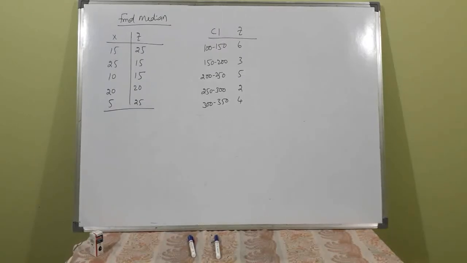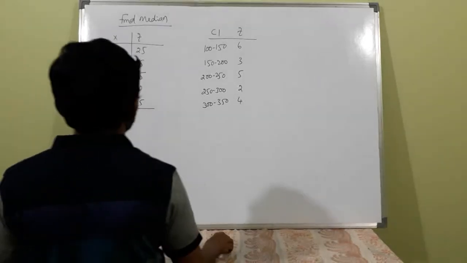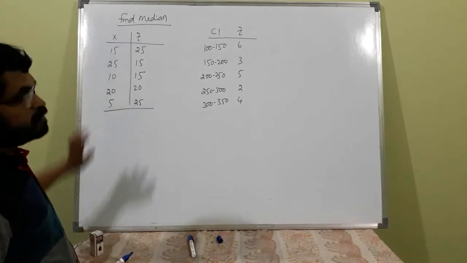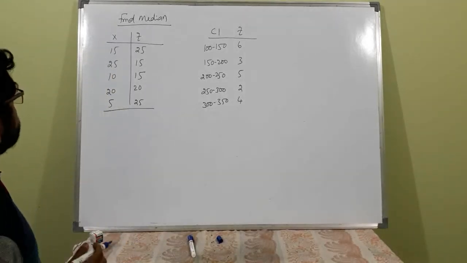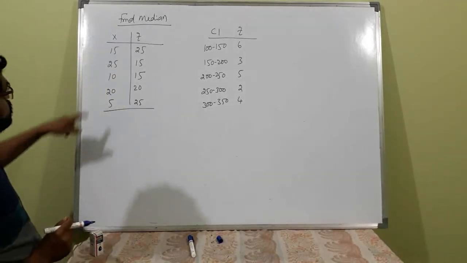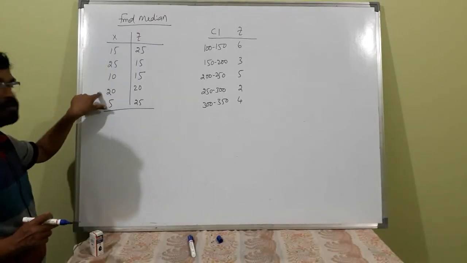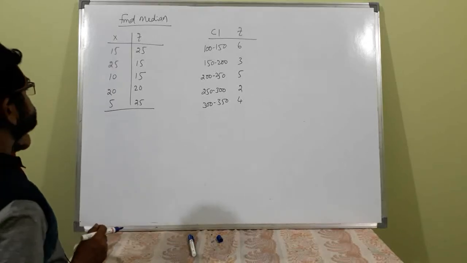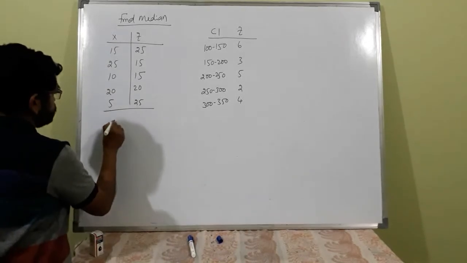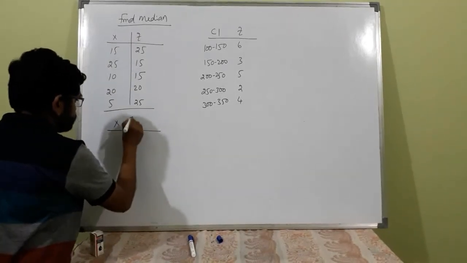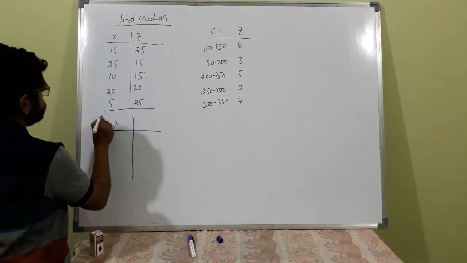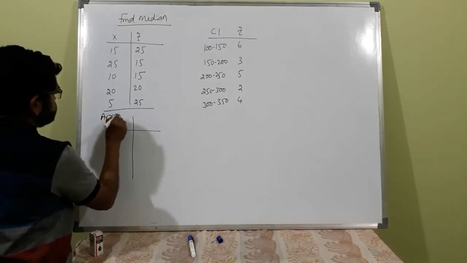One more example of the same type. Here also you are asked to compute the median. See here, the same frequency data, but if you observe, the variable values are not arranged in ascending or descending order. So you consider an ordered array first. You make the array here.